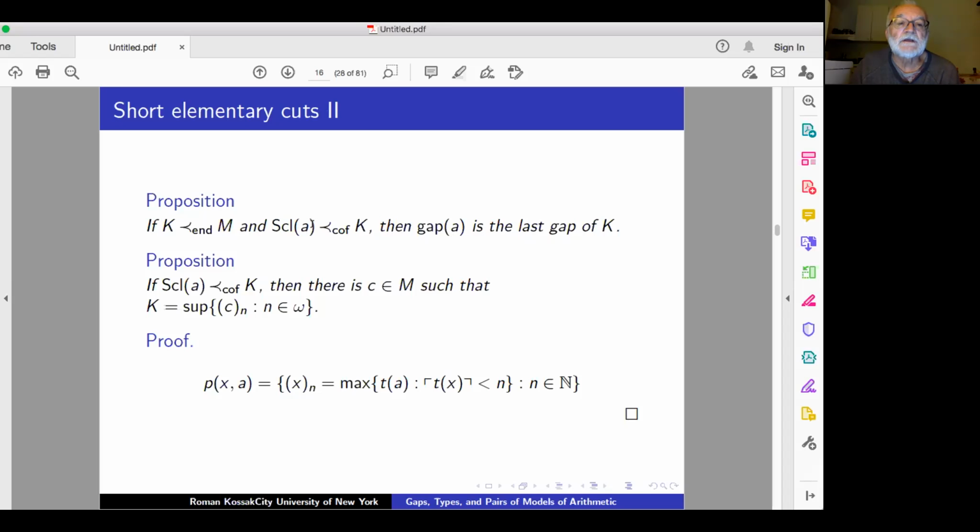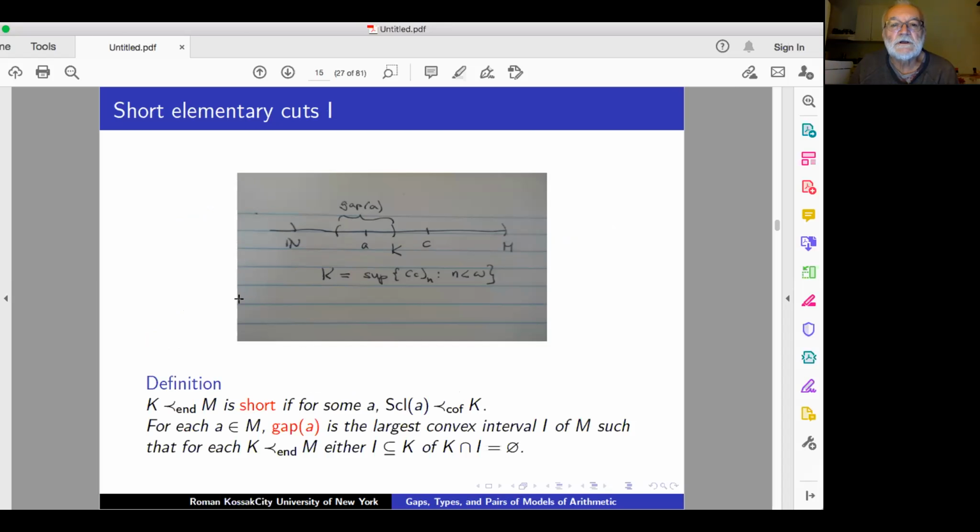This is the gap of A. And the property that is useful in dealing with them, and this is what I had on my picture here, is that every time you have this short elementary cut, there will be some element in the model, a sequence coded by C in M, such that it's an increasing sequence, such that K is the supremum of this increasing sequence. That's a useful property of these short cuts.